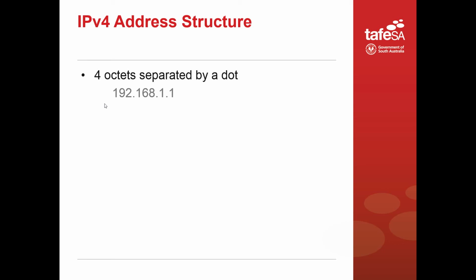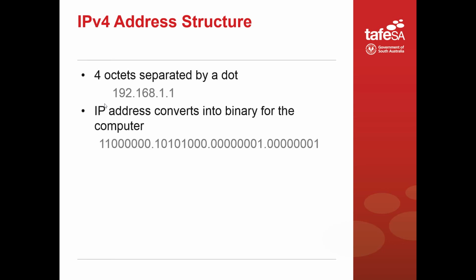And all these IP addresses, the computer behind the scenes actually sees these numbers that we use as binary. It converts them into a binary, which is a series of ones and zeros. So you can see here I've actually converted that IP address into binary. And you can see there that the first binary number is made up of 8 bits.